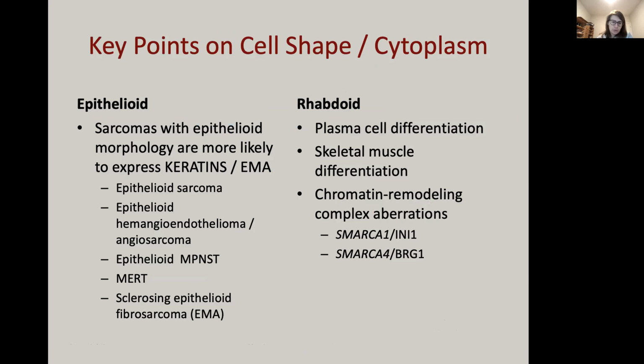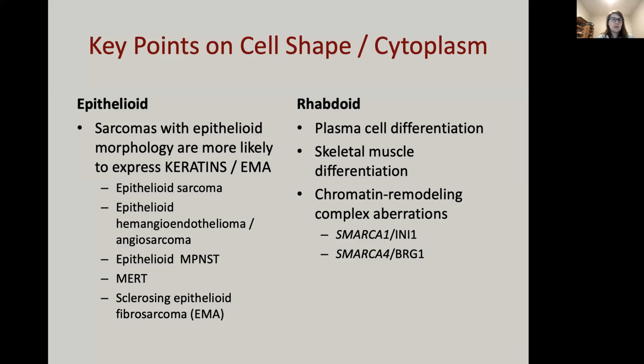As opposed to spindle cell mesenchymal neoplasms. So perhaps they contain some cytoplasmic filaments, some keratins in there that affect the morphology, the shape of the cytoplasm, and therefore there's that morphologic immunohistochemical correlation.